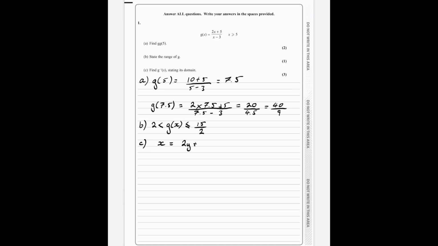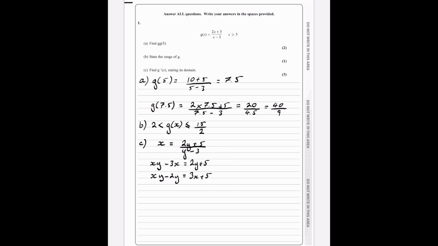For C, finding the inverse function, you don't have to swap the x's and y's around if you don't want to. I have done here because I know lots of people like looking at it that way. So I start by multiplying both sides by y minus 3 and expanding, and then I'll bring the y's onto the left hand side and the non-y's onto the right hand side.